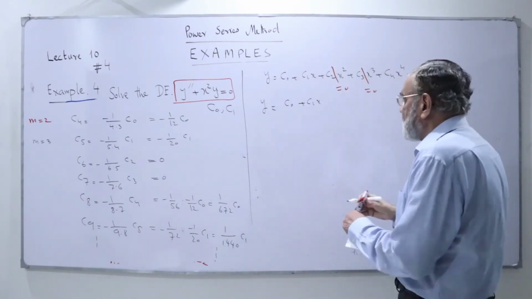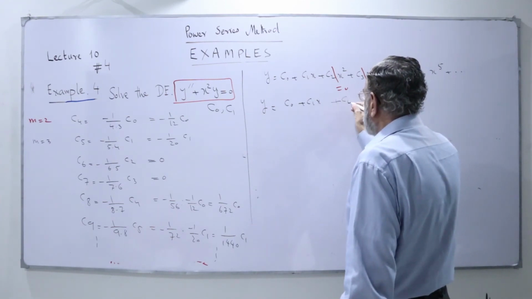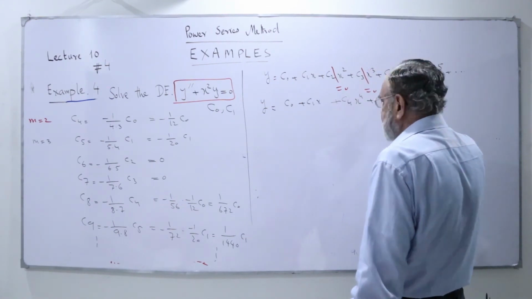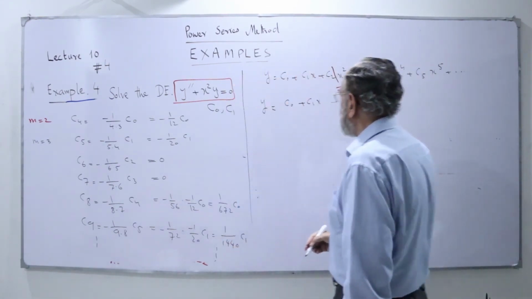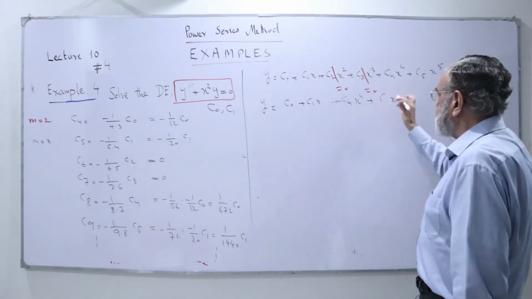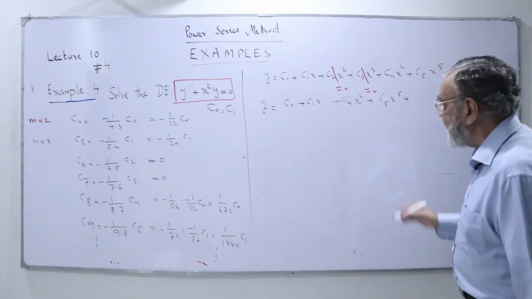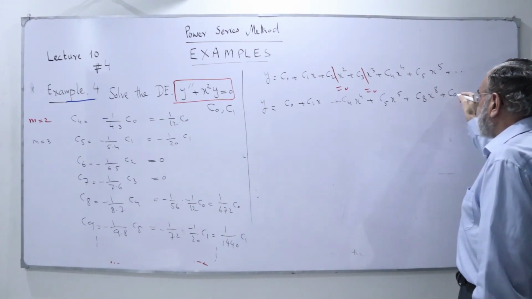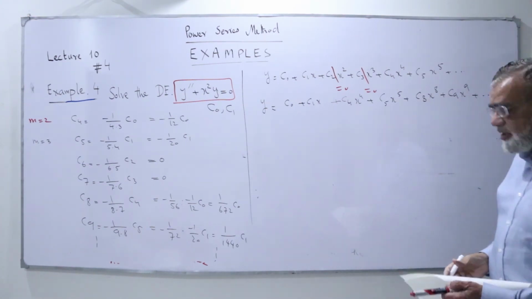Then we have plus C4 x to power 4, C5 x to power 5. Then C6 is 0, C7 is 0. Then C8 x to power 8, plus C9 x to power 9, and so on. I substitute the values.